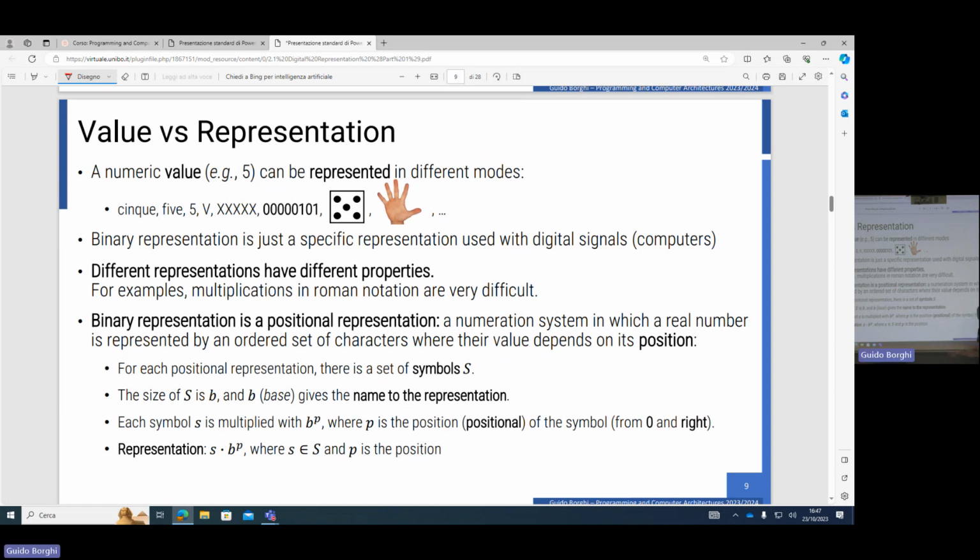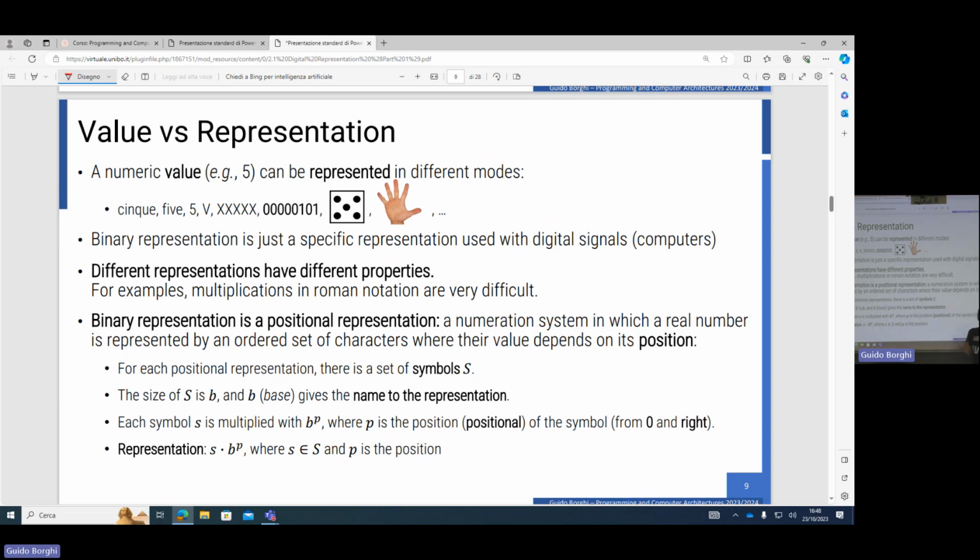So the final representation, we can group all these three sentences, and we can say that the final representation is S symbol multiplied with B to P, where S is the symbol, B is the base, and P is the position. That's all.